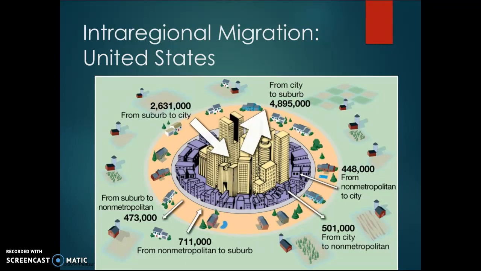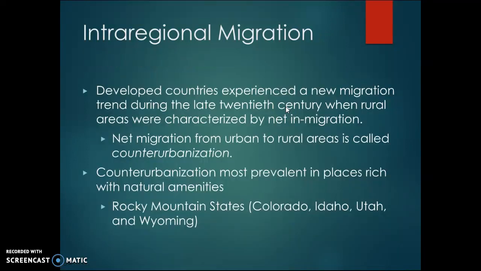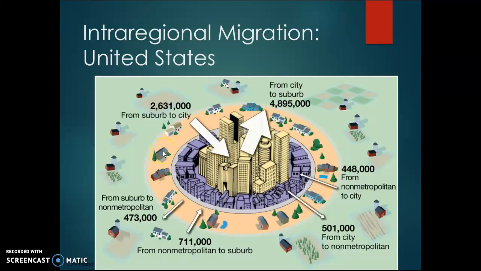Great example here, and I'm going to get to it in the next slide, we're going to talk about counter-urbanization. I'm just going to use these two numbers. 2.6 million people are moving from the suburbs into the city. However, there's 4.8, 4.9 if you round up, people moving from the city to the suburbs. So what we're going to see here is this idea of counter-urbanization. The city cannot be very urbanized because more people are moving out.